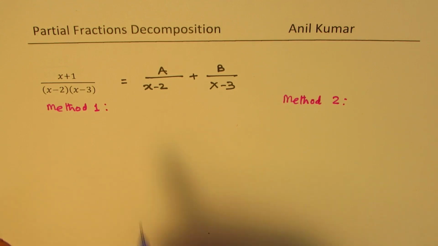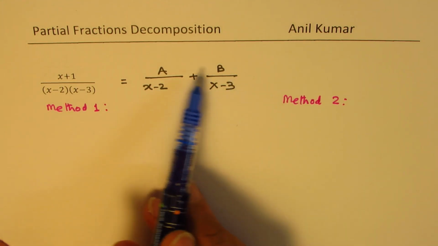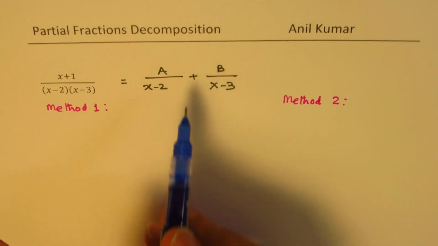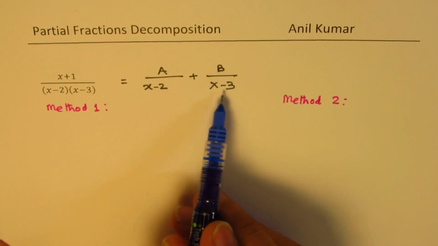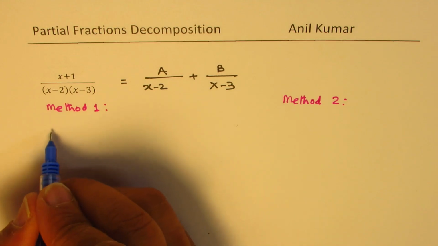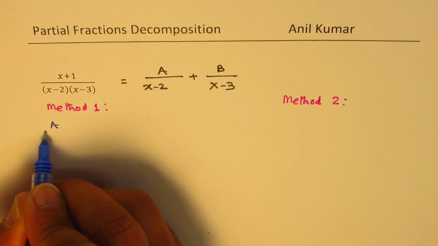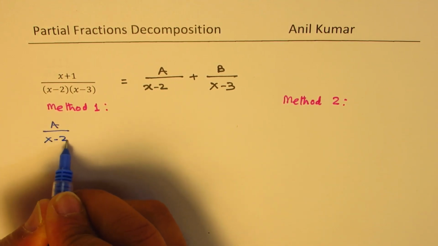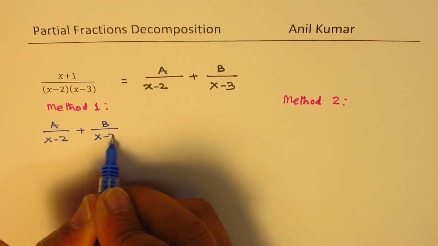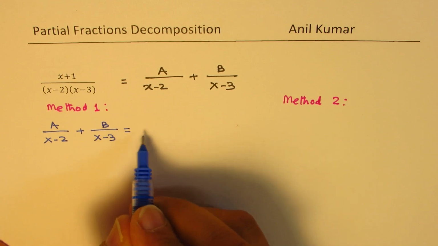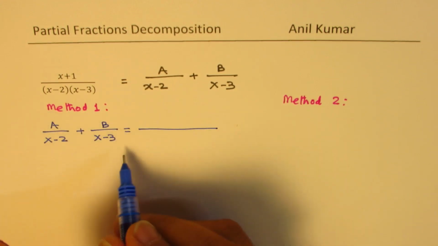Now in one of the methods what we do is we begin with the right hand side, which is a over (x minus 2) plus b over (x minus 3). We can take a common denominator, so we're going our way backwards, right?